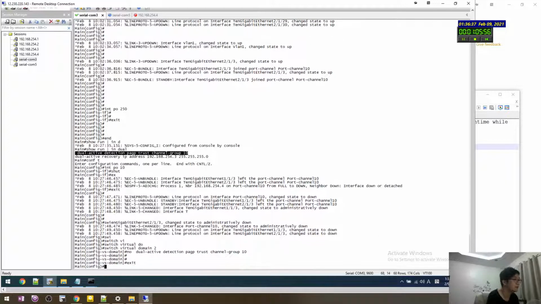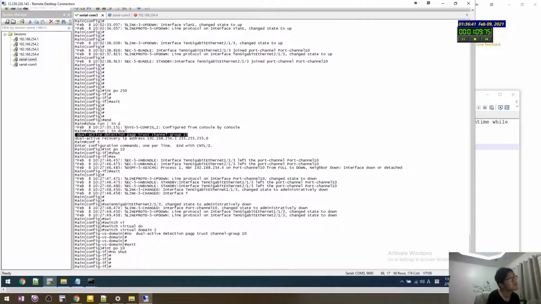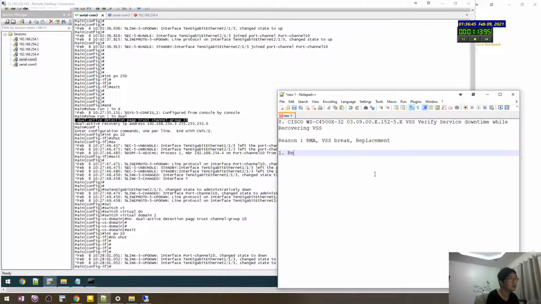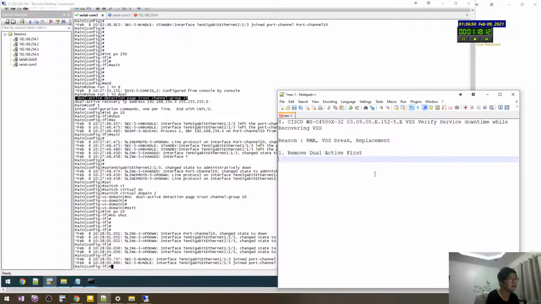And then okay, remove the dual active first.